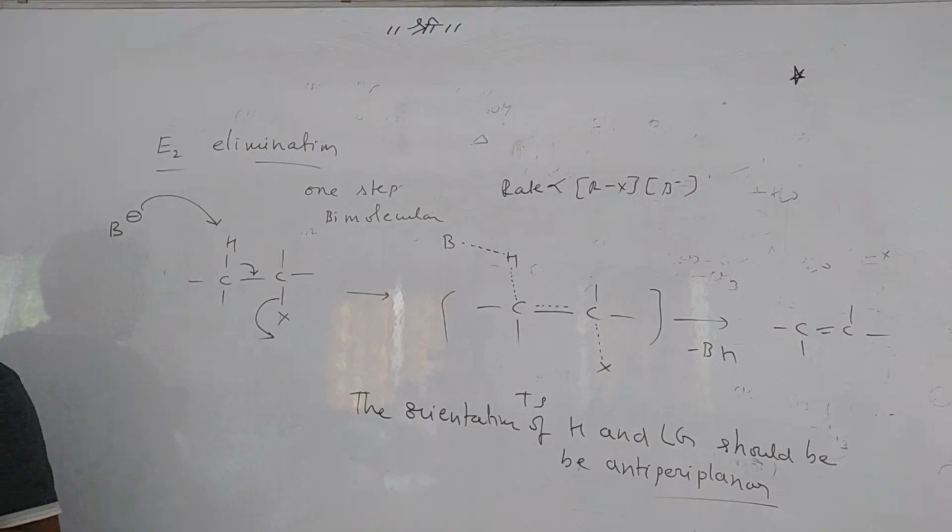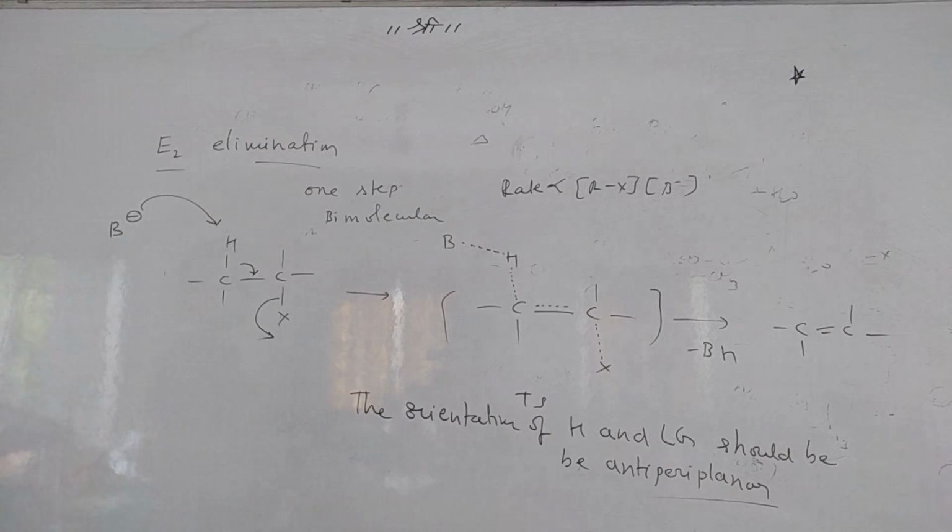So that is the main thing. And the order I told you, what is the order? 3 to 1. Fine. So now we will have one more elimination, that is Hofmann elimination. I will teach it and then we will leave. Hofmann elimination, 4 conditions you will get.